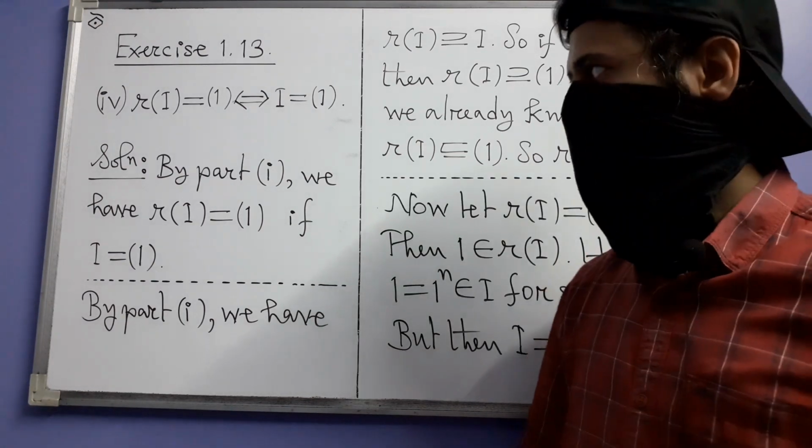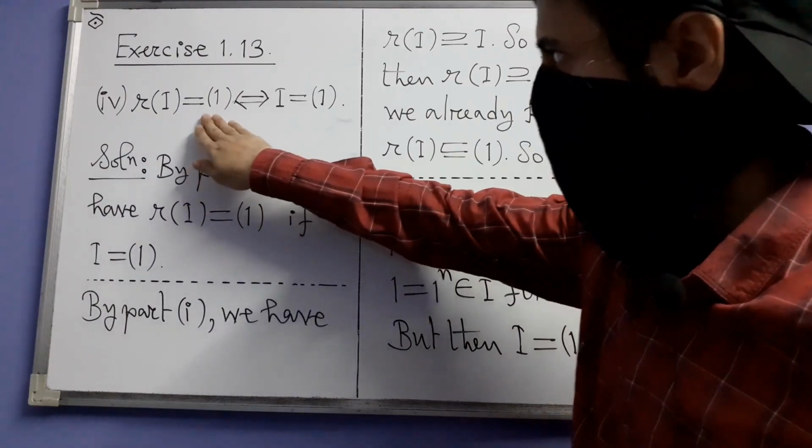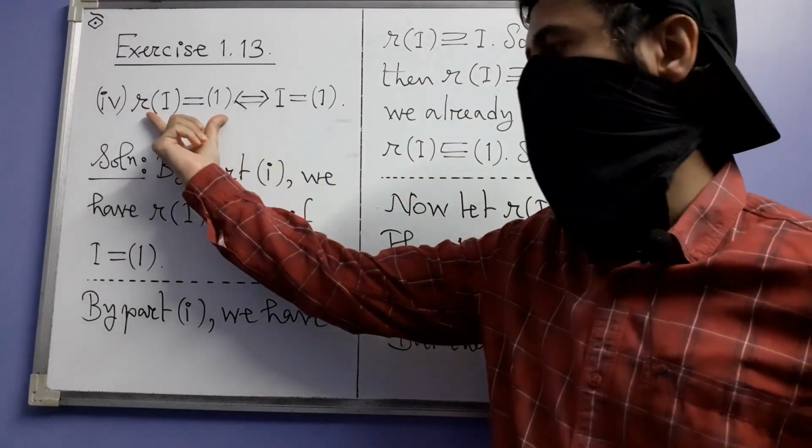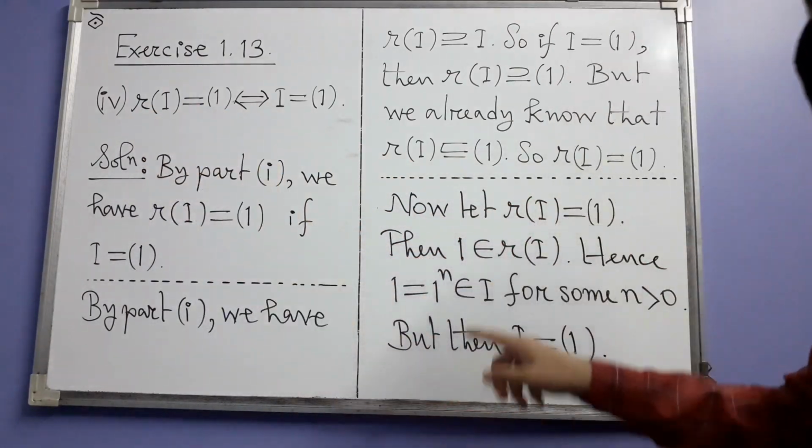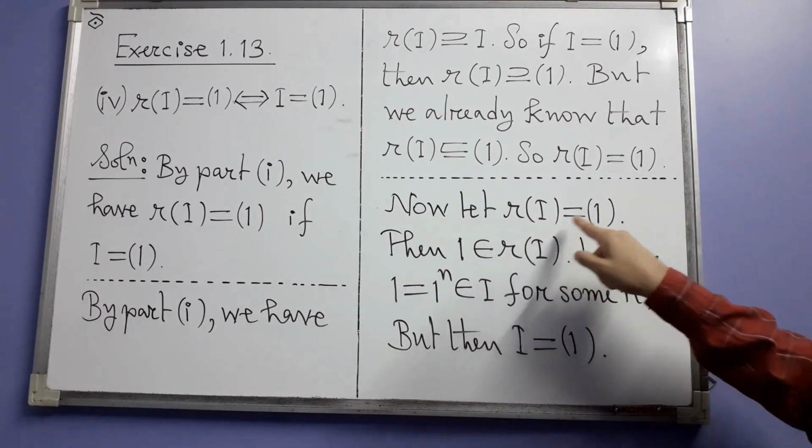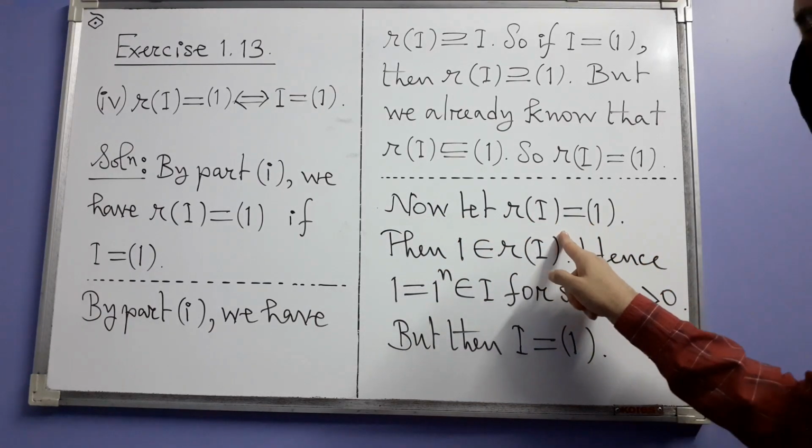For the other implication, which is this implies this, the hypothesis is this. That means this is now given. So accordingly, now let R of I be the entire ring.